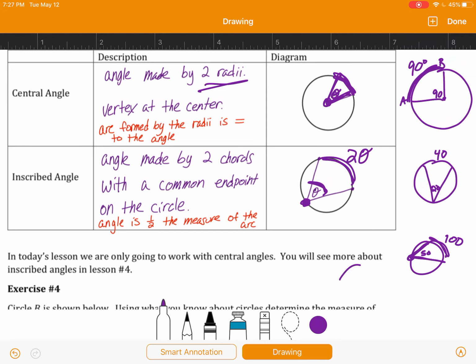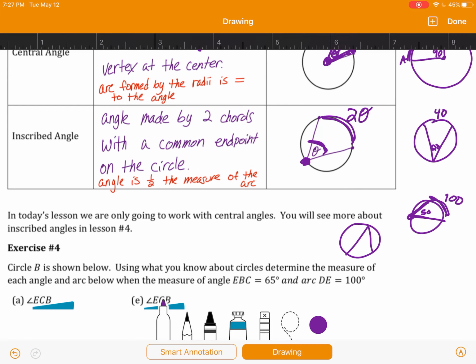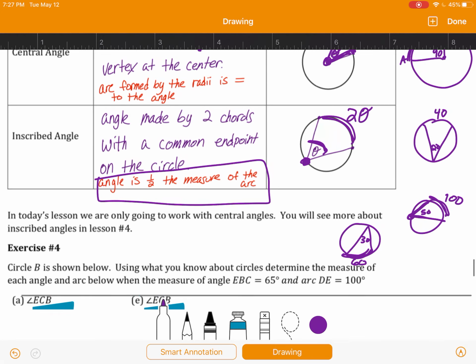And this can work the other way around too. If you know that the arc is, say it's 60, then that means this angle in here is going to be half of that. So that would be 30. Okay, this is the rule. The angle inside is going to be half of the degrees on the arc.